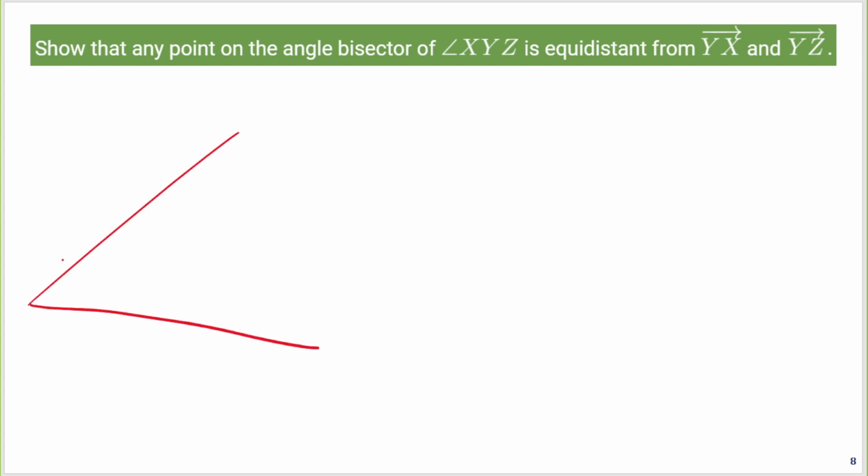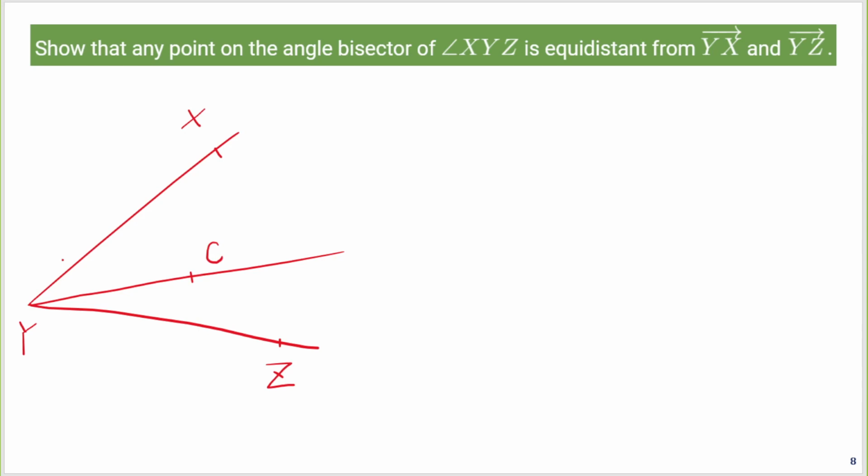Again, draw a diagram to illustrate this situation here. Suppose we have angle XYZ and an angle bisector here. Any point, for example, an arbitrary point C on the angle bisector.